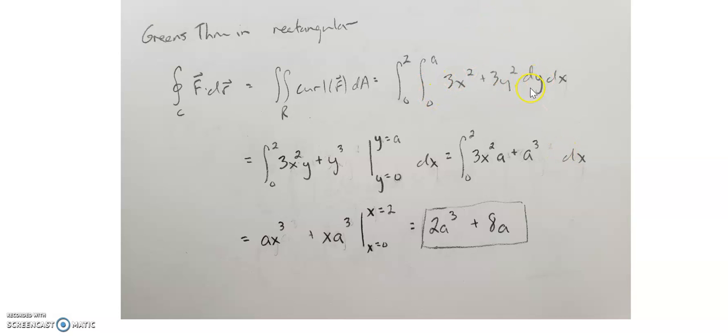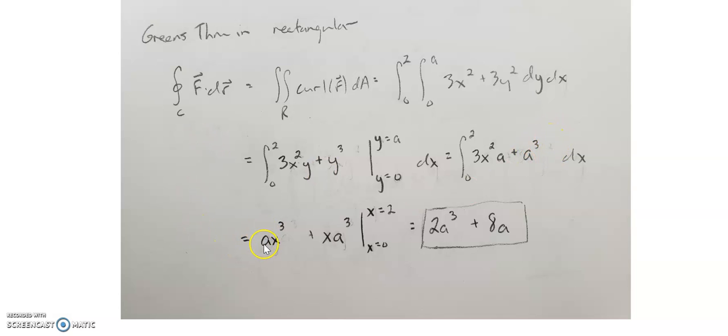So I need to integrate with y first and then x. If I integrate with respect to y first, this goes to 3xy, and this becomes, by the power rule, y cubed, evaluated from y equals 0 to y equals a, and then I've got a dx on the outside. That makes this an a and that an a. So I get 3x squared a plus a cubed with a dx.